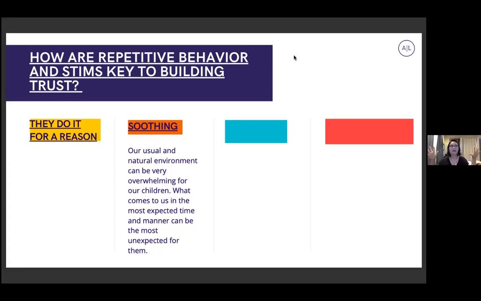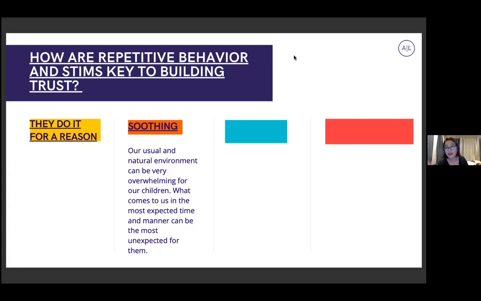If your child hand flaps and you hand flap with them, they get the gist of, oh, this person is joining me in this activity. If I flap one hand, then you do the same. Then he or she would get the idea that whatever I'm doing, she's doing too. So we're sending the signal that we're very user friendly for our kids.